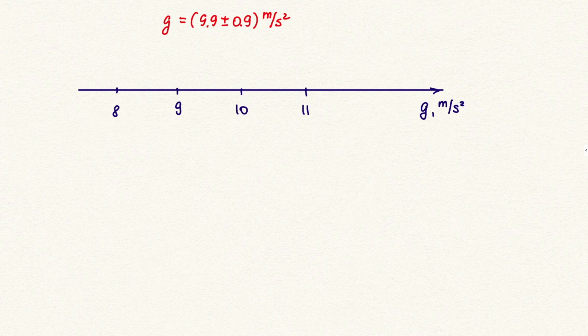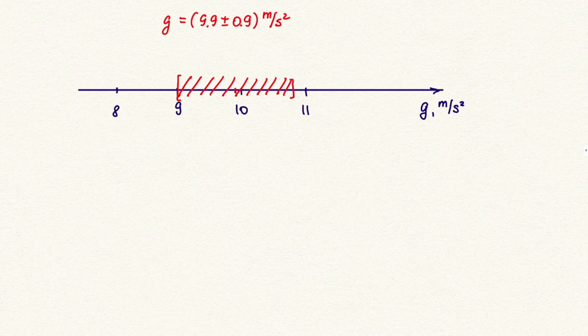So it's 9.9, which is somewhere here. And let's add the error bars here. So 9.9 plus 0.9 is going to be 10.8, so it's somewhere here. And minus 0.9 is going to be exactly at 9. So our experimental values are somewhere between these two lines.